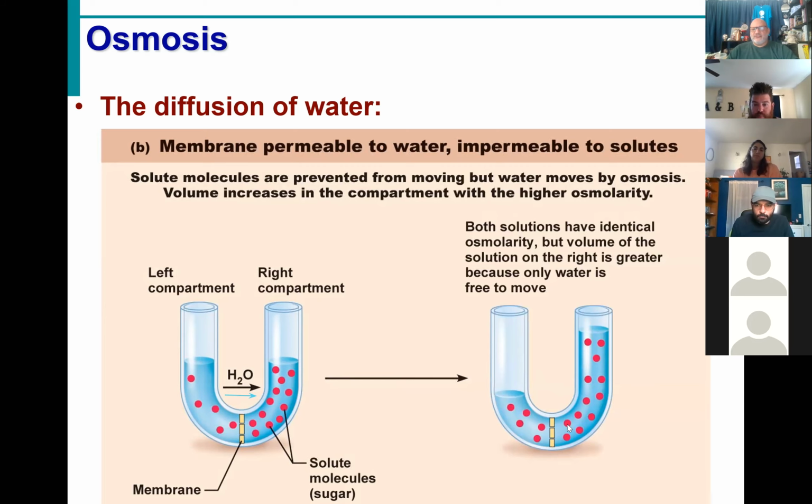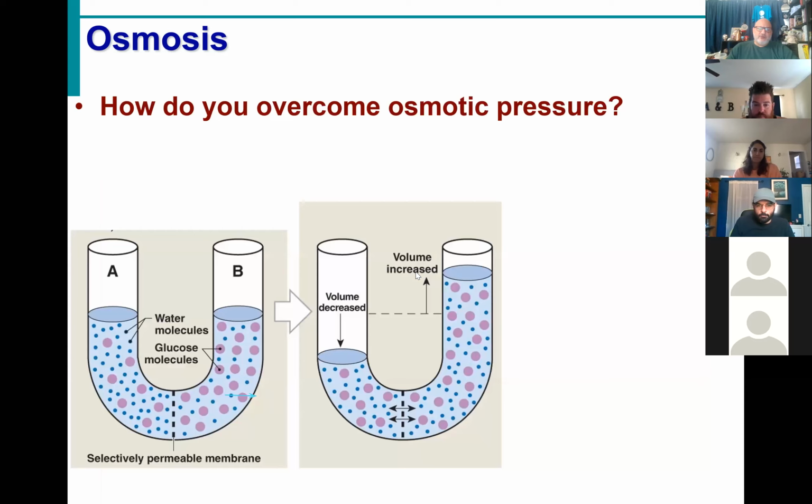I like this one because it's a simple illustration, just shows the glucose molecules, and I think this is the one from your textbook. I also like this one, which isn't from your textbook. What they do a nice job showing is that the water molecules are smaller than the glucose molecules.